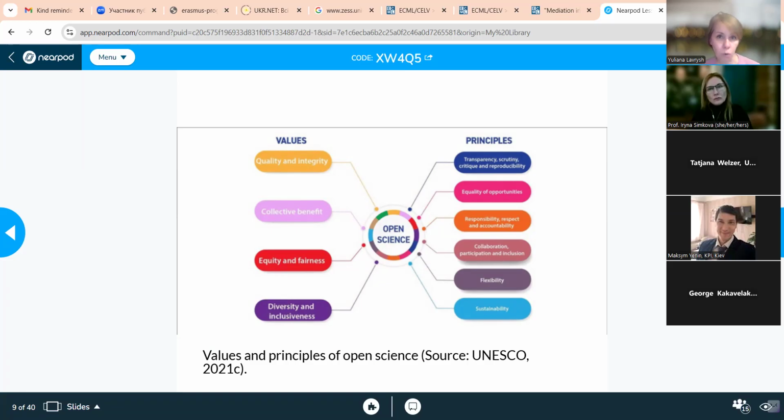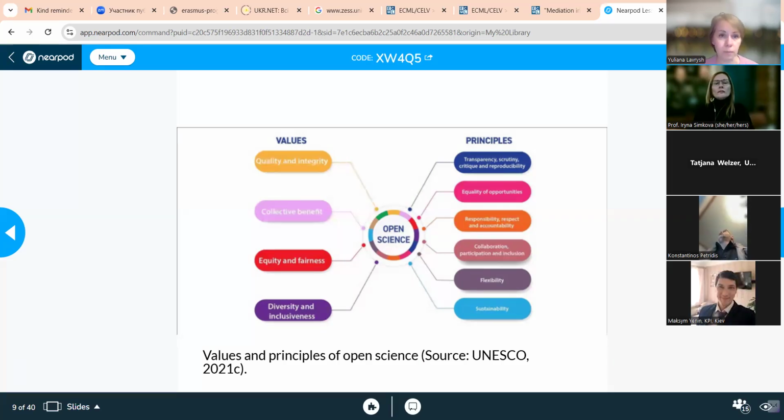If it was so, the data wouldn't be of high quality. So the key value is that the data which you make open should be of a high standard and should be verified by peer reviewers, your colleagues, or experts who know what it means. And it will ensure that the quality of your data will be reliable and trustworthy.